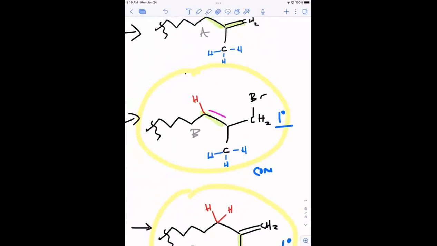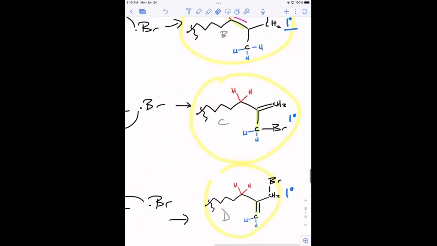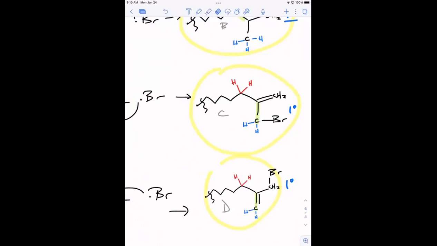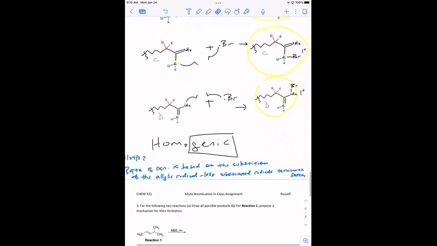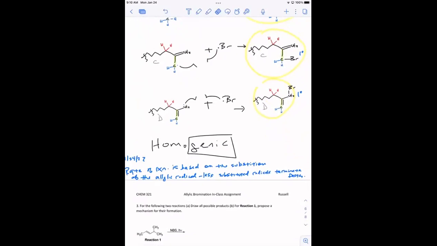So the primary radicals are going to compete for the fastest formed product.